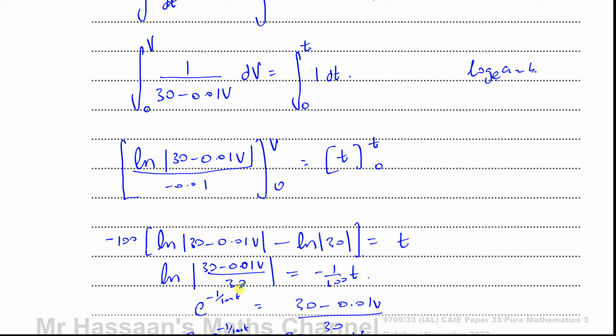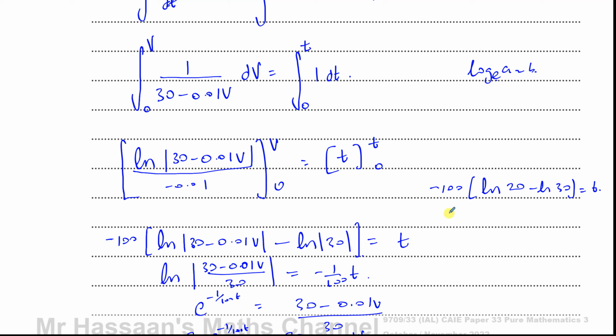So you'd have ln of 20 over 30 equals minus 100. What would have happened here? You would have had minus 100 times the ln of 30 minus, if you put 1,000 here, that's going to give you a 10. So 30 minus 10 is 20. So you'll have ln of 20 minus ln of 30 equals t.